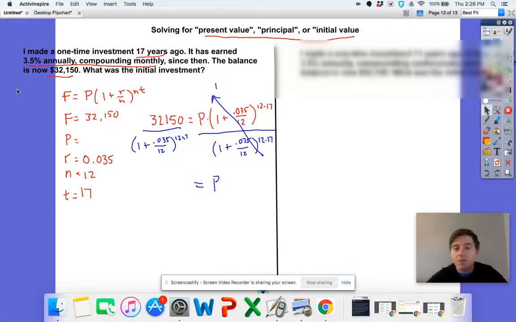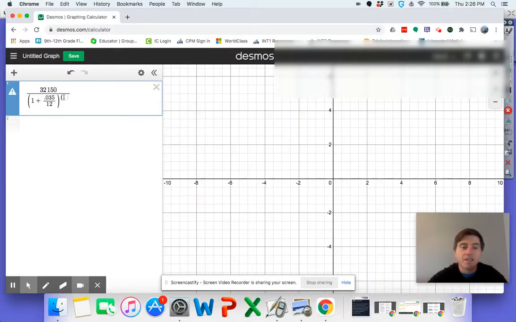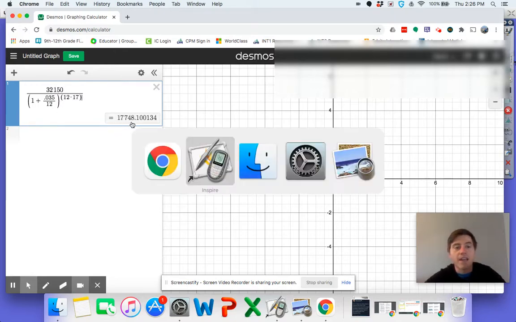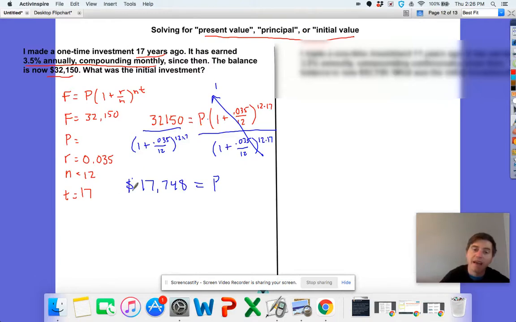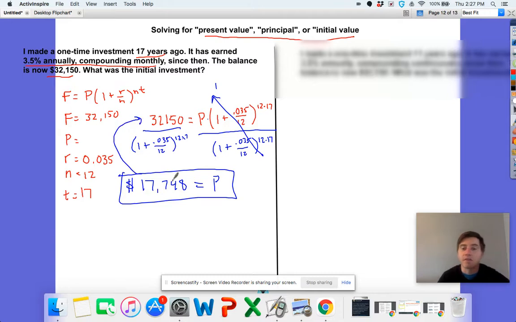And what was it here? 12 times 17. So 12 times 17, close parentheses, and there you go: 17,748. So what does that mean? That means that this amount was what was initially invested, and after those 17 years, growing at 3.5%, it ended up becoming 32,150. So this was the initial investment amount.